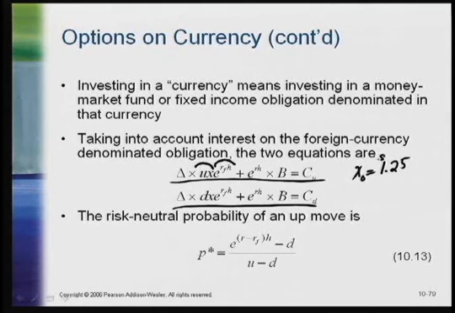The actual replicating portfolio contained the euro. We don't actually hold dollars in the replicating portfolio. We want to hold delta euros, and over the period of time the delta euros become delta e to the RFH euros.